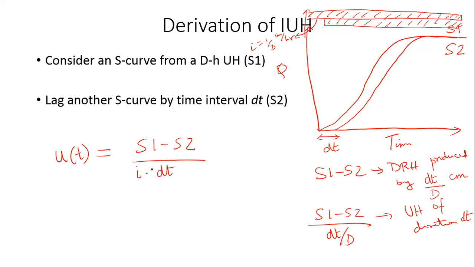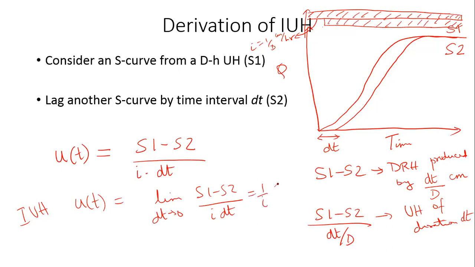So now, what is the definition of the instantaneous unit hydrograph? This is the unit hydrograph that I'm getting by lagging it by some time delta t. Now, if this delta t tends to 0, then my IUH, instantaneous unit hydrograph, will simply be the limit dt tending to 0 of (S1 minus S2) over I dt, which will be 1 by I times ds by dt, isn't it?